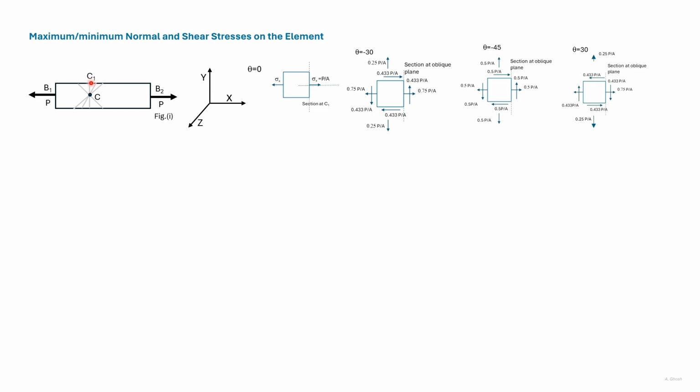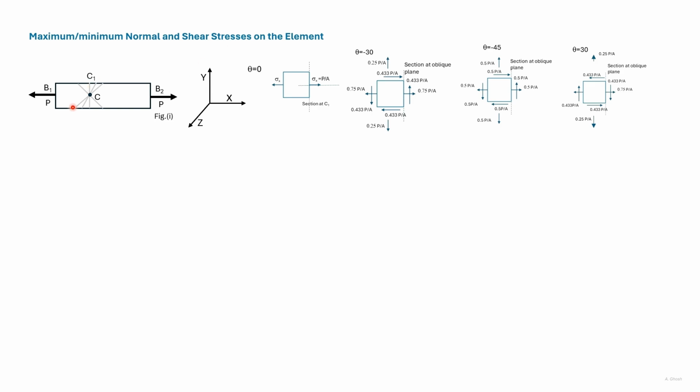Apart from the section at C1, we took different inclined sections at different angles, all passing through the point C. We initially considered an element at point C with one of its faces aligned with the section at C1.